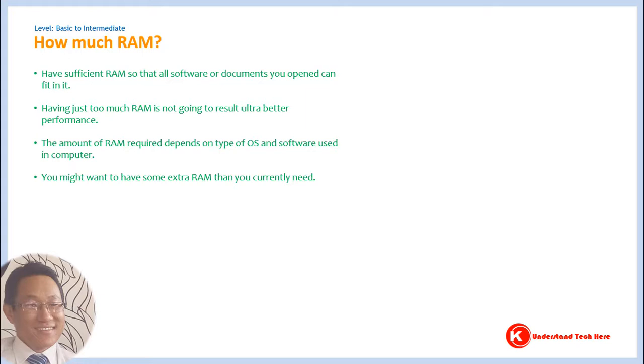You might generally want to have some extra RAM in your computer than you currently need. Let's say you purchase a laptop having 4 GB RAM and it could be sufficient for your current need, but in future you might want to use, as we mentioned earlier, video editing software with 3D rendering capability. Then 4 GB RAM is not going to be sufficient.